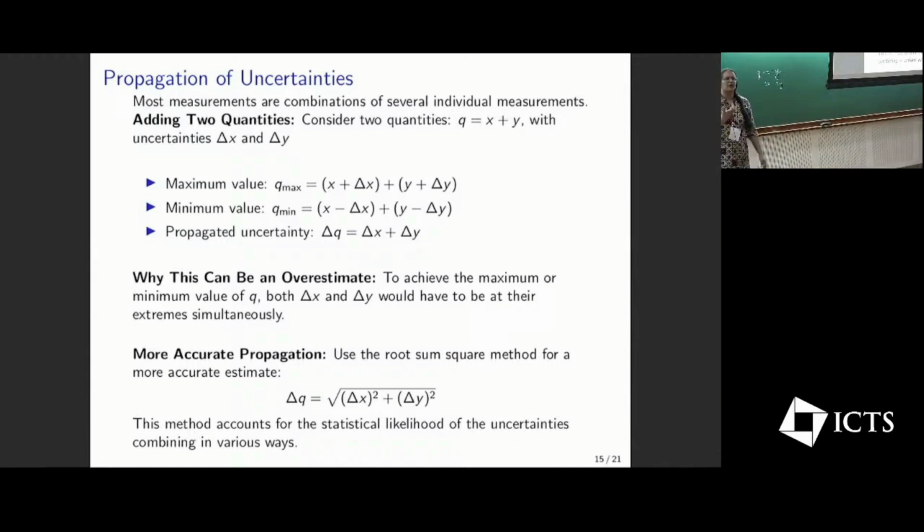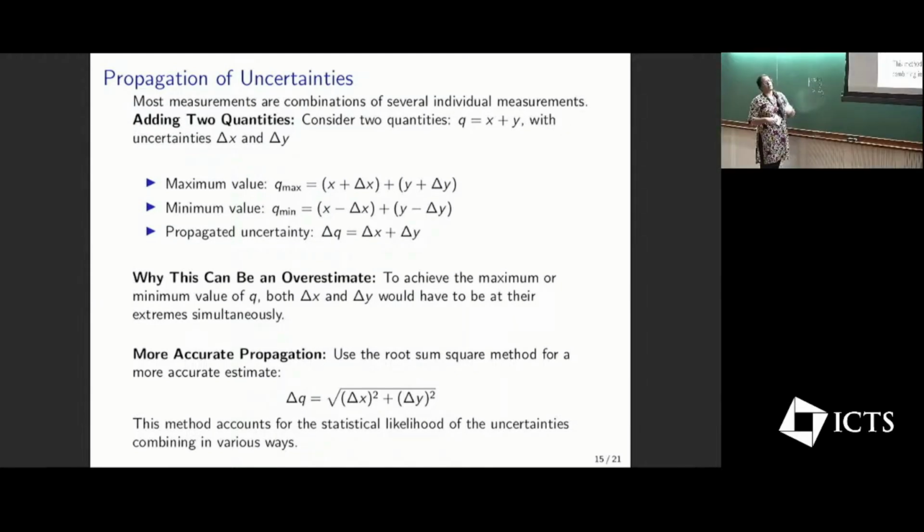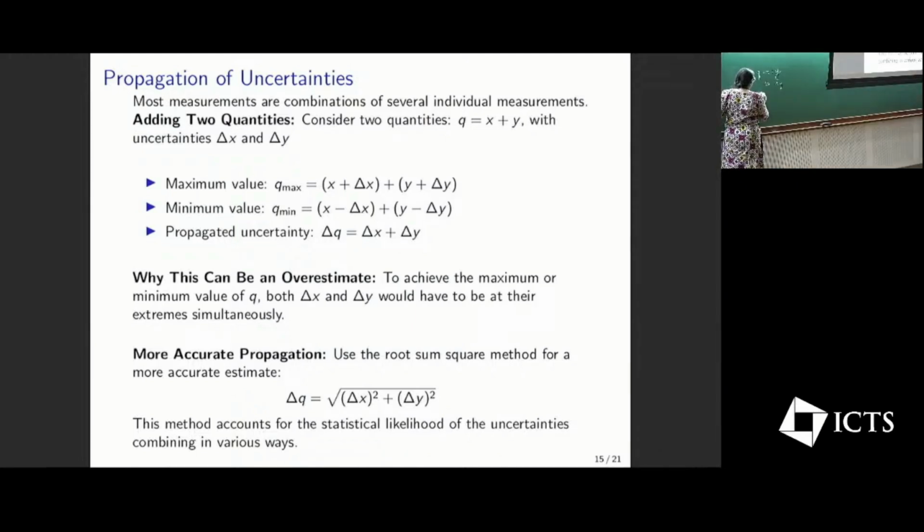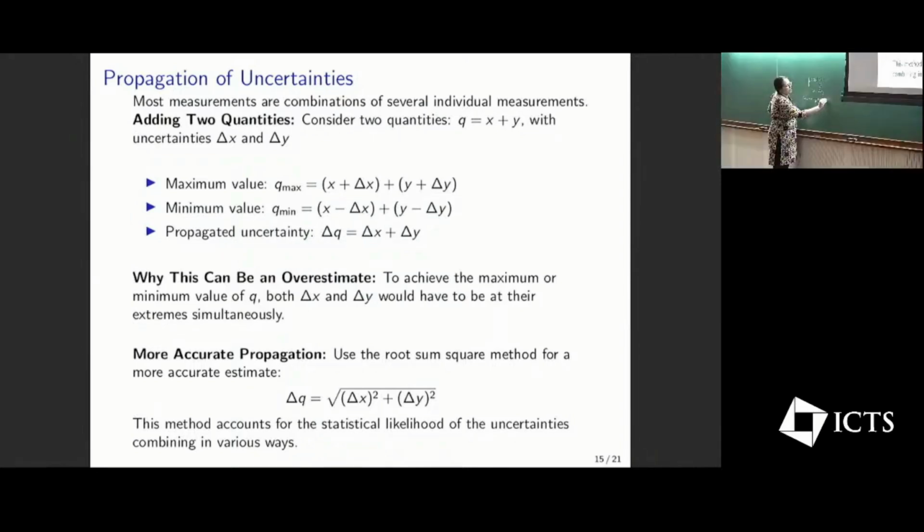So just a simple argument would tell you the maximum possible value of Q would be when this value is at its highest and this value is also highest, right? So the maximum possible value of Q would be x plus y plus delta x plus delta y.